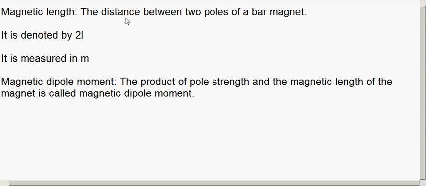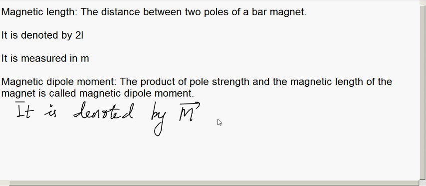Generally it is denoted by capital M. It is given by M equals m times 2L.